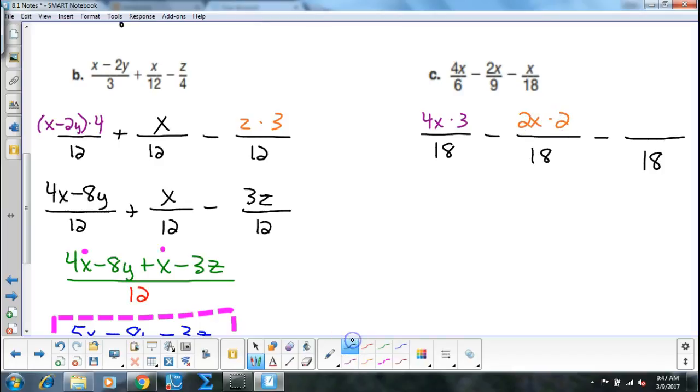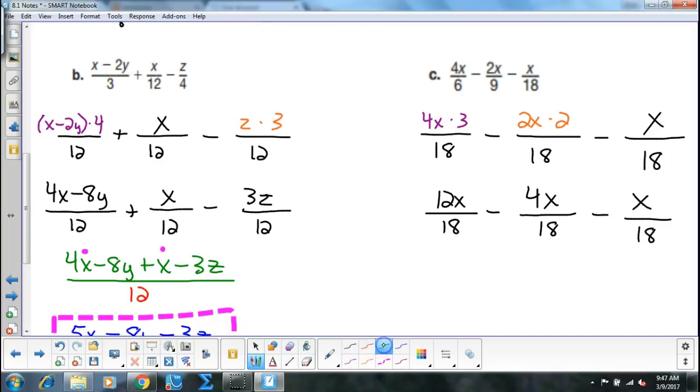Third one, what do I have to multiply it by? Nothing, more 1. Yep. Okay. So then this becomes 12x over 18 minus 4x over 18 minus x over 18.